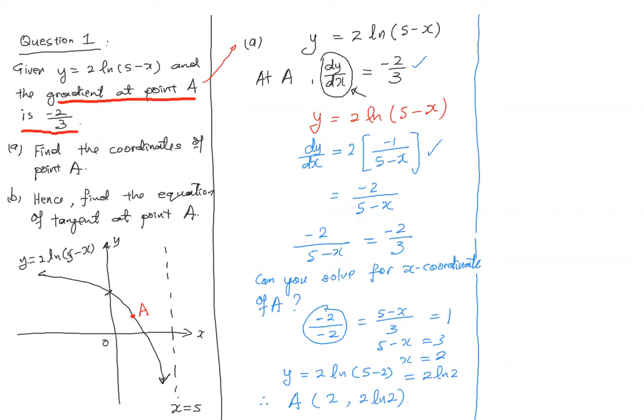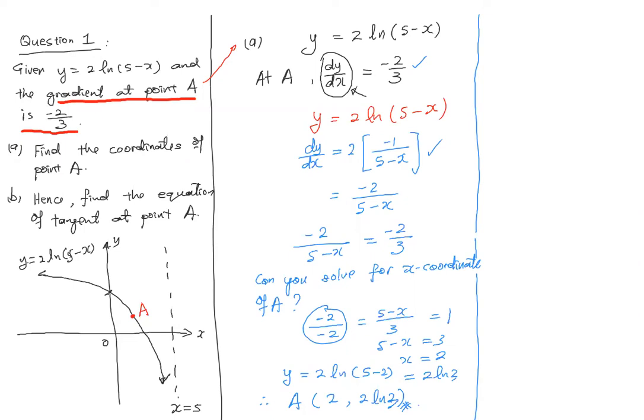Miss, isn't it 2 ln 3? Yes, 2 ln 3. You are right. Thank you. Can't you simplify to ln 9? You can. Up to you.